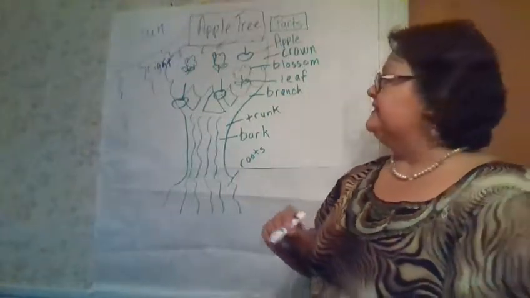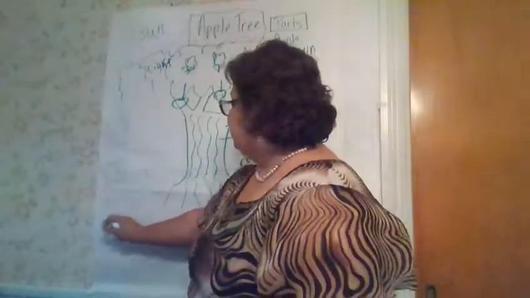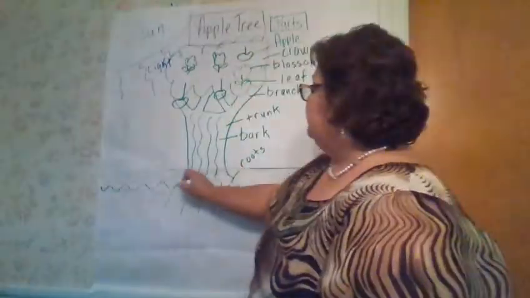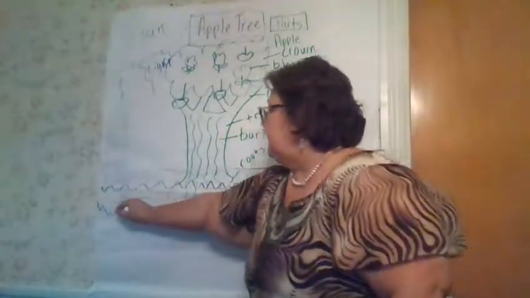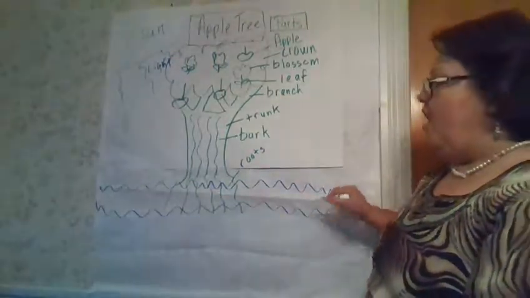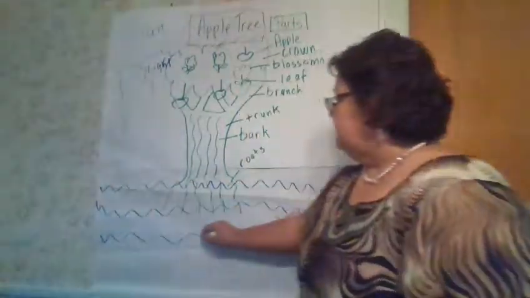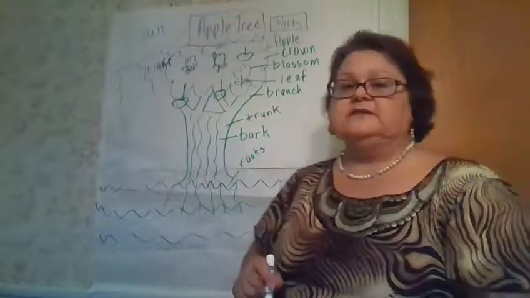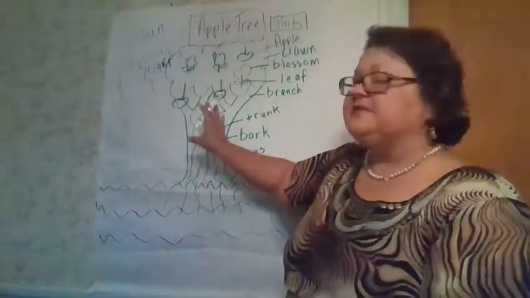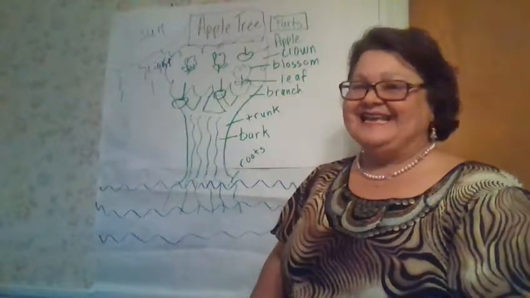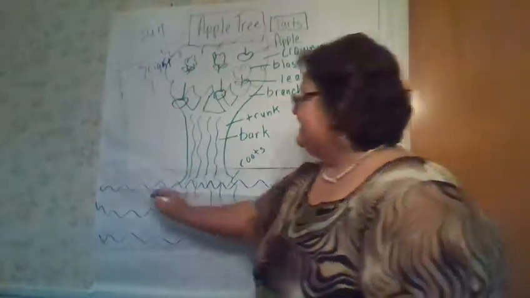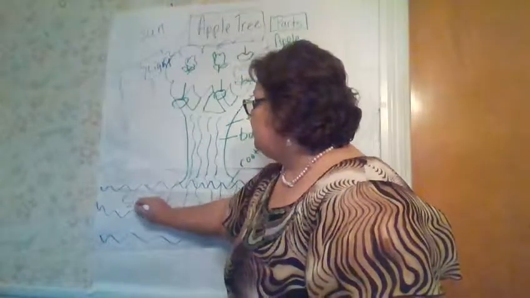Another thing it needs is soil. Those roots can pick up all the nutrients from the ground and bring those nutrients up into the tree so those wonderful juicy apples can be made. This is called soil.